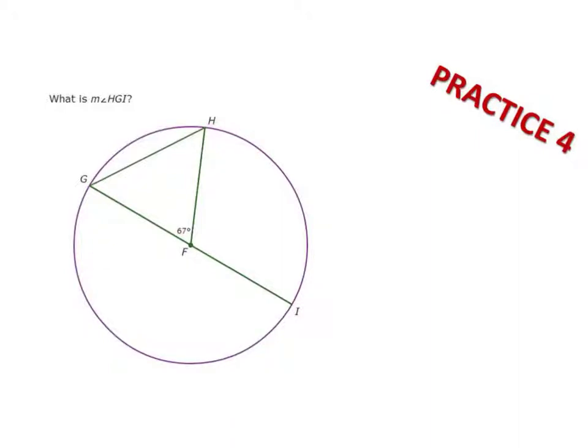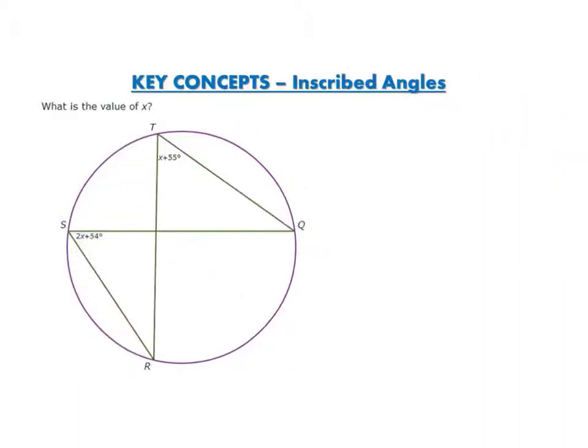Your practice number 4 is, what is the measure of angle HGI? Now, one of the corollaries that we looked at said that if you have two inscribed angles coming from the same intercepted arc, they are congruent.